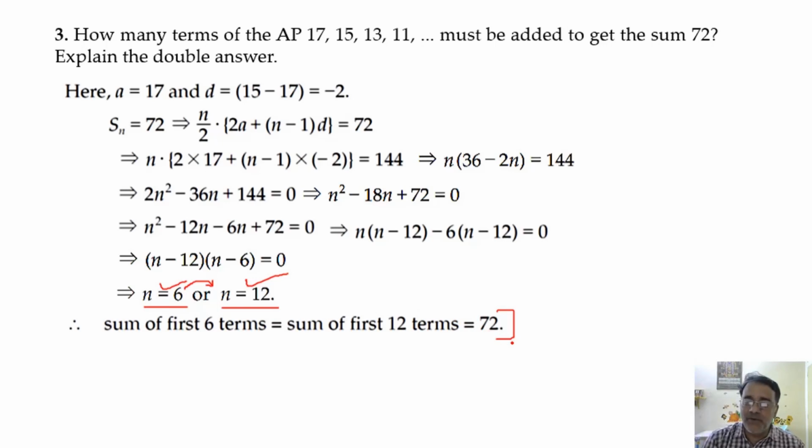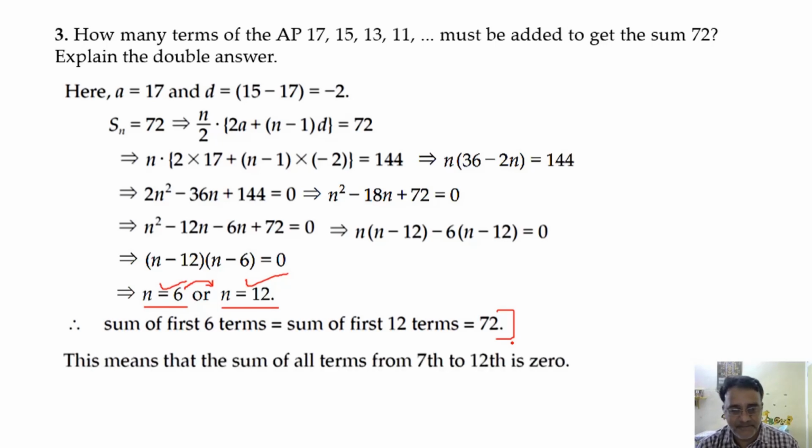This is possible only when the sum of the last 6 terms is 0. This means the sum of all terms from the 7th to the 12th term is 0.